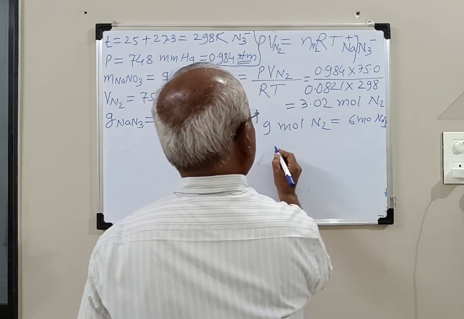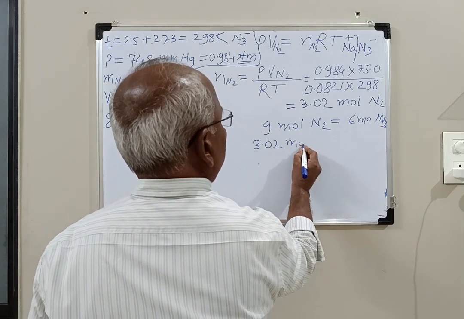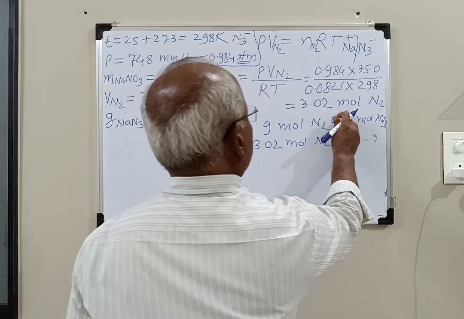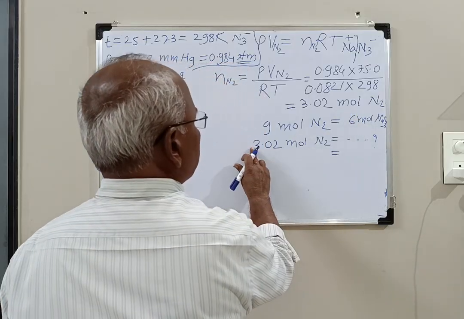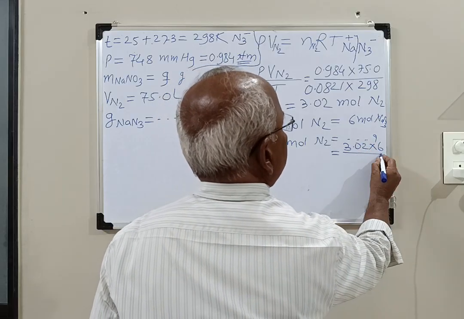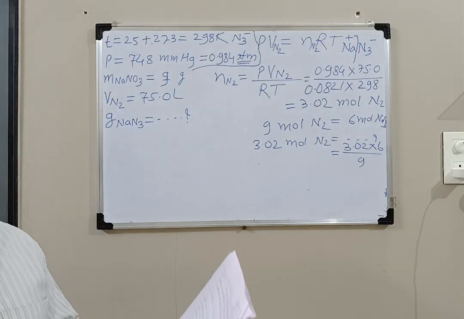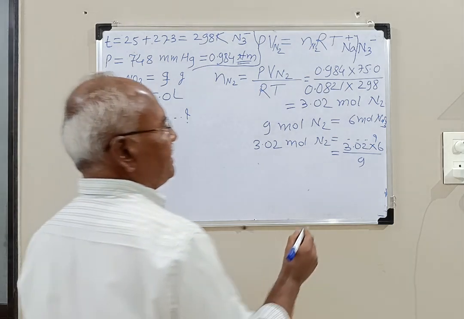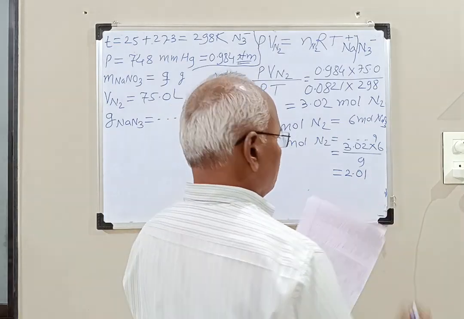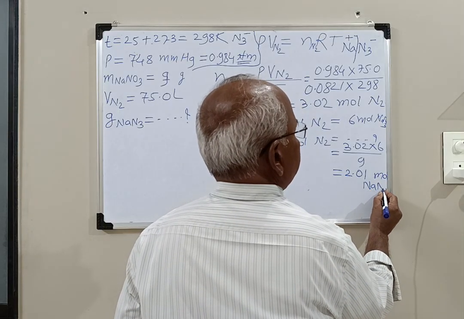Therefore, 3.02 mole N2 will be obtained from cross multiplication, that is equal to 3.02 into 6 divided by 9. Simple calculations, you make the calculations, I shall tell you direct answer, that is equal to 2.01 mole of sodium azide, NaN3.